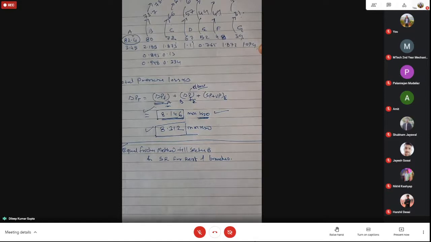So that you have to check under what condition, where, which method is better. So we cannot say only on this basis; we have to check this one also and find out, if we increase the diameter this much, how much the material cost is going to increase, right?